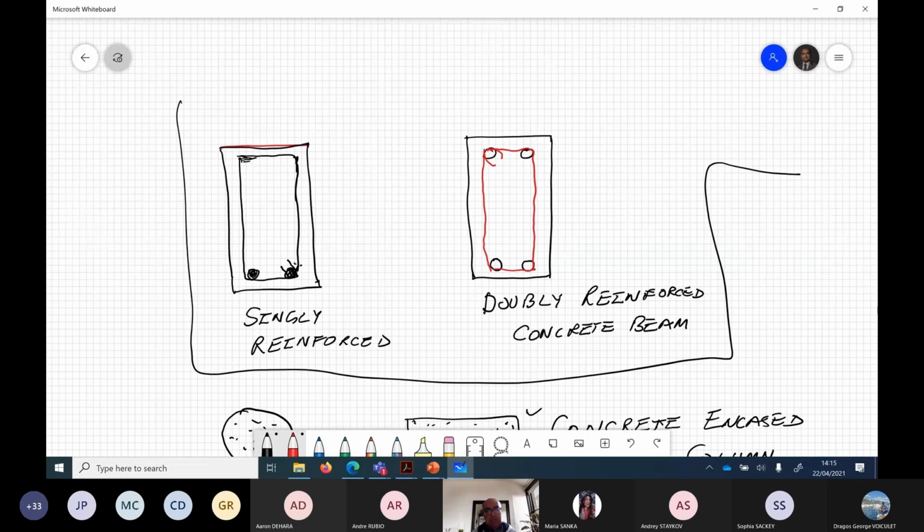Because concrete is really weak in tension, almost certainly you need to provide reinforcement on the tension side. The tension side is the bottom one, compression side is the top one. On compression side, in most situations you may not need reinforcement, but some architectural conditions may require you to design a section as a doubly reinforced concrete beam.